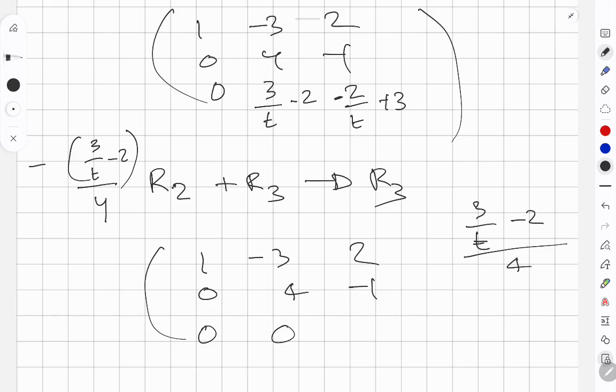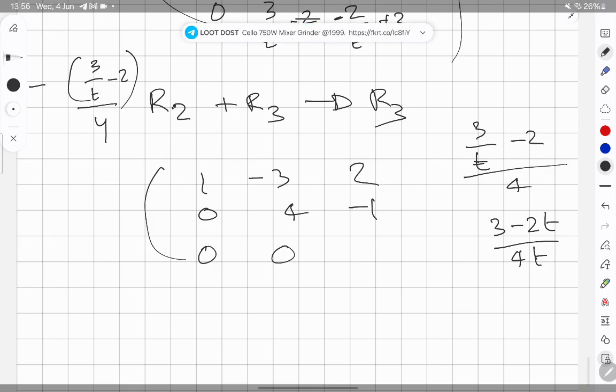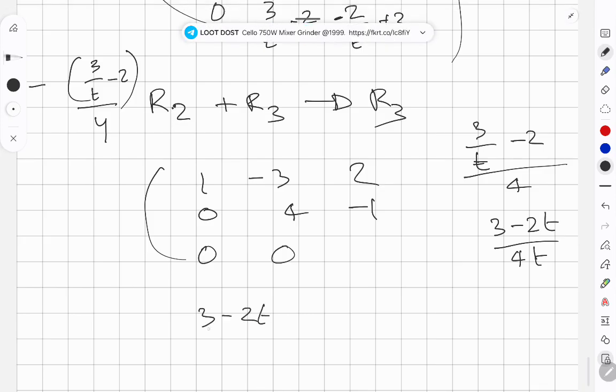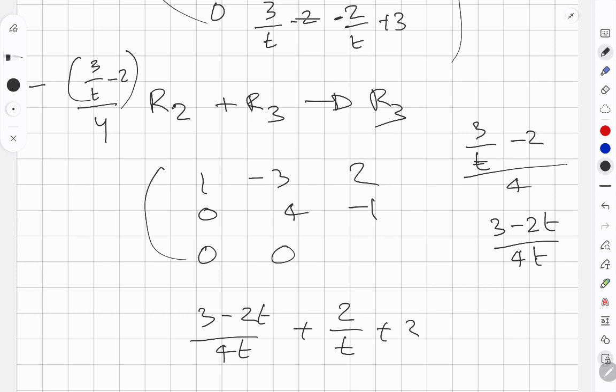If I plus this thing, first I am simplifying this term for an easier one. So it's 3 minus 2t divided by 4t. I can write it like this. Then 3 minus 2t over 4t plus 2. Yes, it's correct.